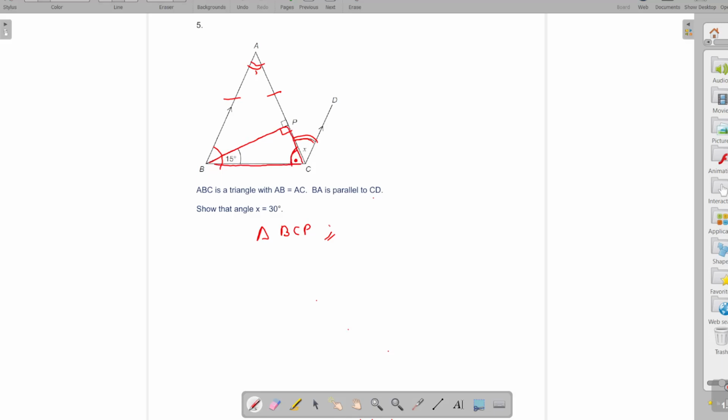We could find this angle. Angle BCP will be 180 minus 15 plus 90. So that will be 105. So that is 75. So we found angle BCP is 75.